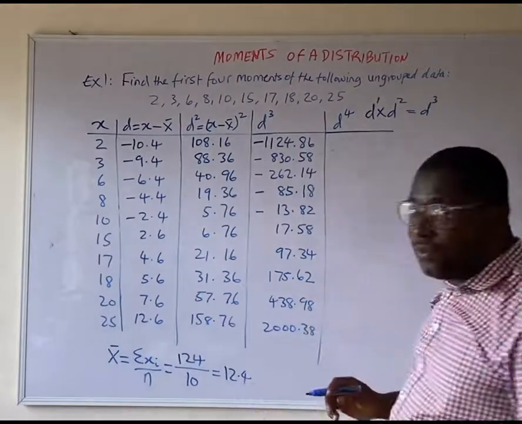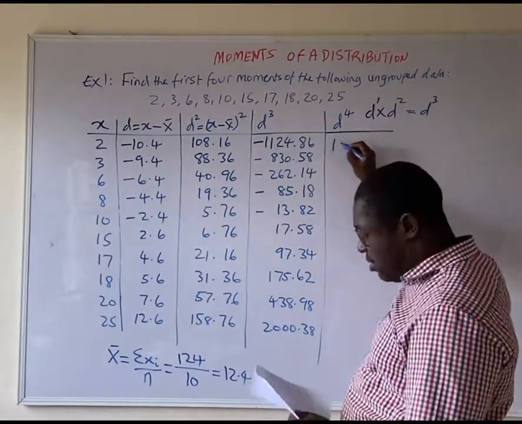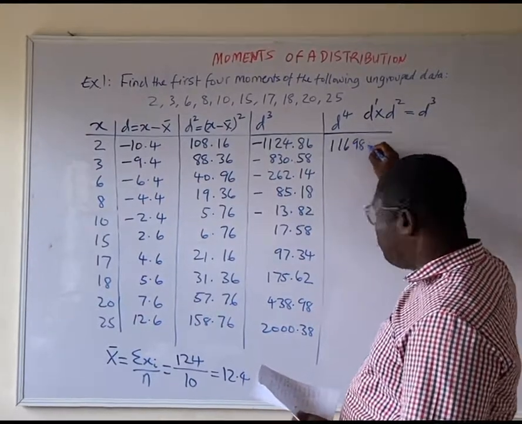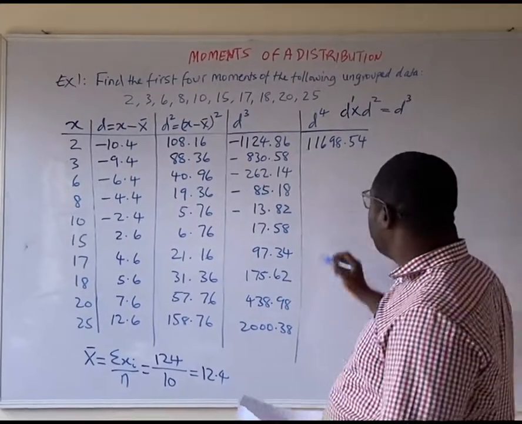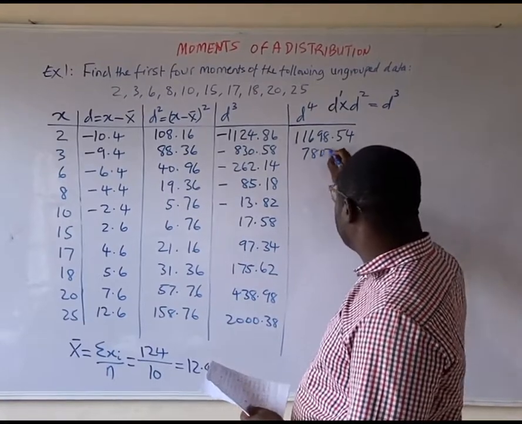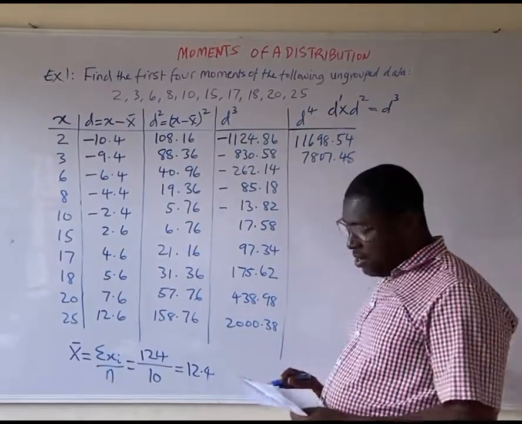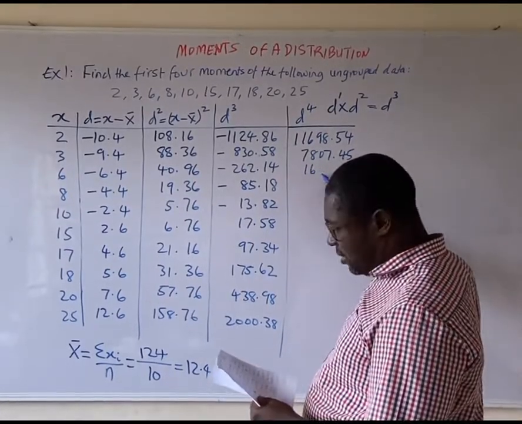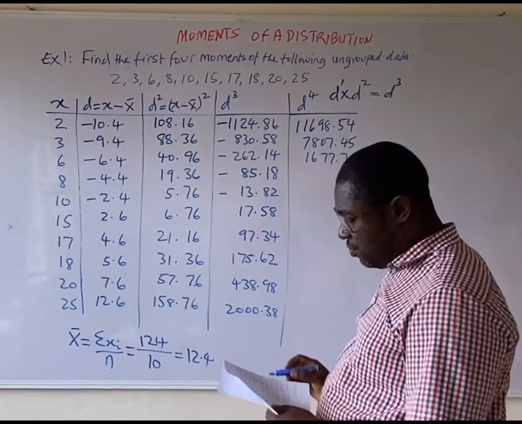Can you do that with me? Okay, let me shift to this side of the board. So what we're going to have is 11698.54. That's what we have there. The next one is 7807.45. The next one is 1677.70.